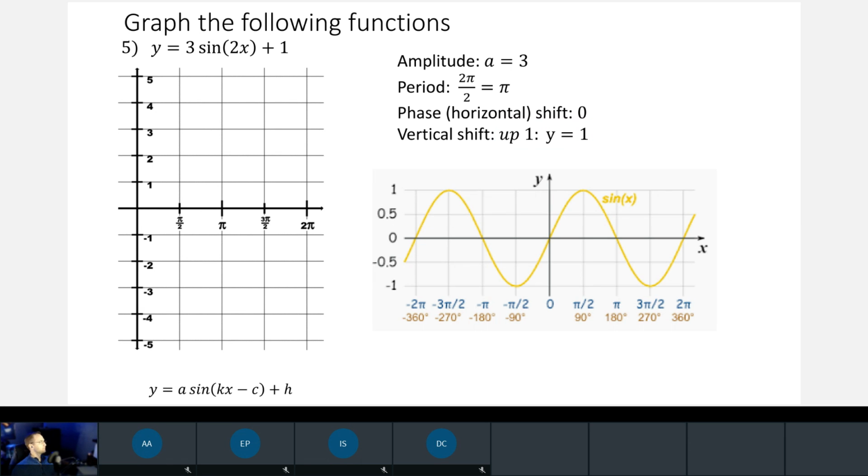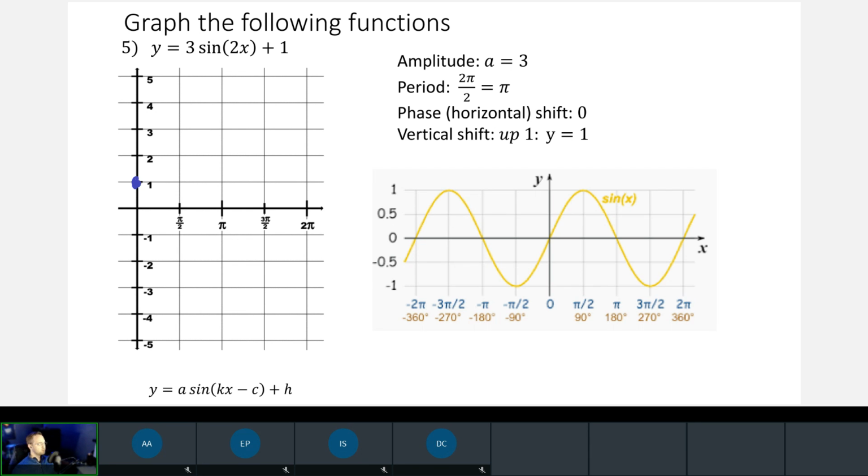All right. So for the sine, we'll start at the origin here. We'll graph this point. We are going up 1, so I'm going to graph that new point up 1. All right, so there's my first point.